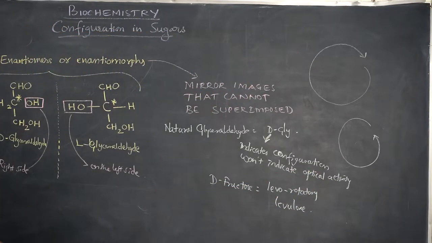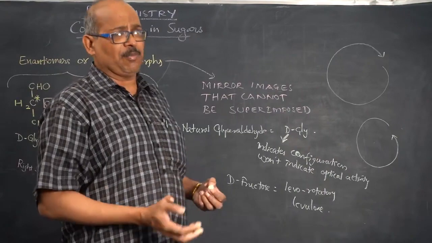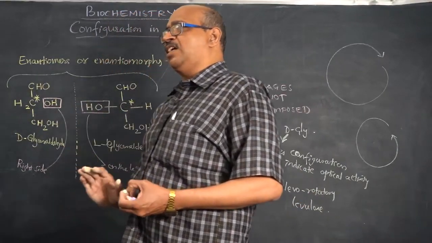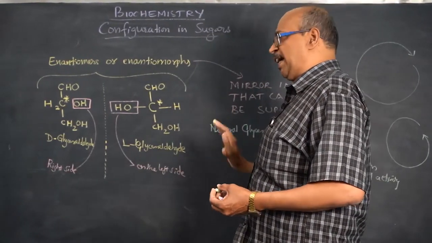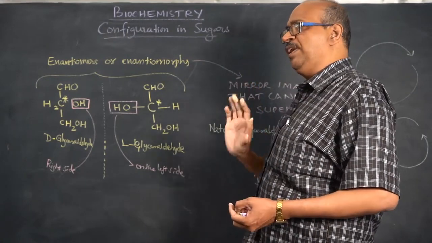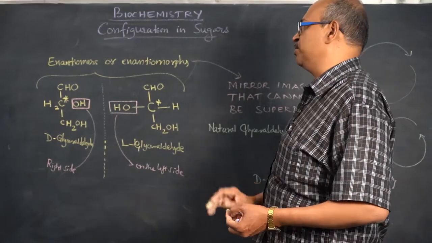So that's important always to remember. Configurations can be identified by looking at the structure of the molecule, but optical rotations cannot be recognized by looking at the molecule. They have to be determined by experiment, and these are fixed values. Once you're given a set of conditions, the specific rotation value will be fixed.